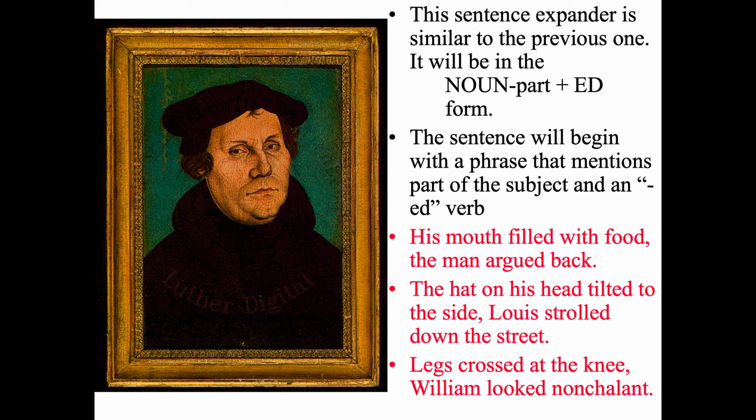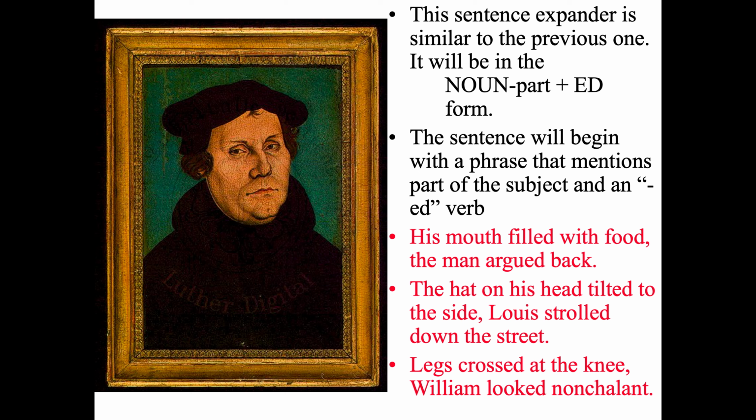And in my second sentence, Louis strolled down the street is the boring sentence. That's the simple sentence. That's the independent clause. Well, I'm going to pick out a piece of him and I'm going to pick out his hat. And then I'm going to follow it with an ed verb. The hat on his head tilted to the side, comma, Louis strolled down the street. See how much more interesting that sentence is? It's awesome. And then William looked nonchalant.